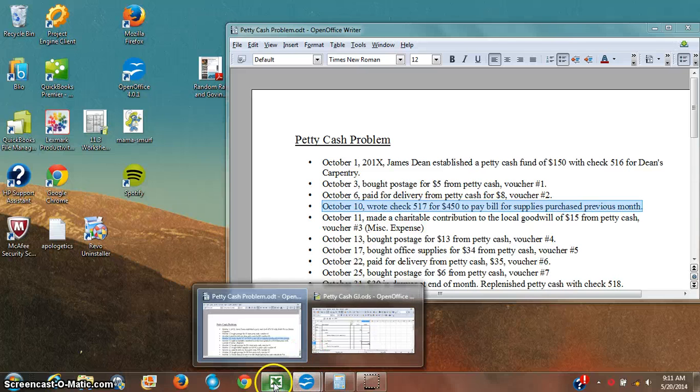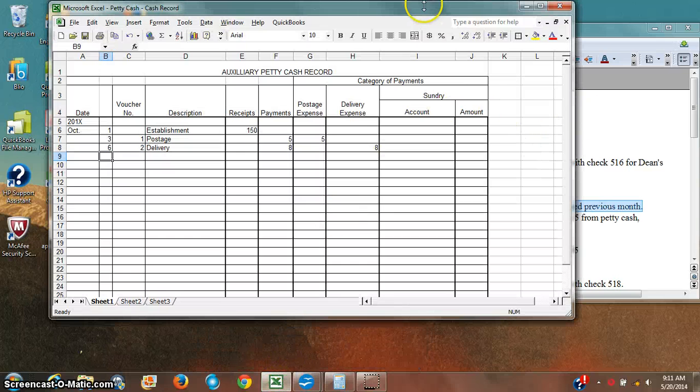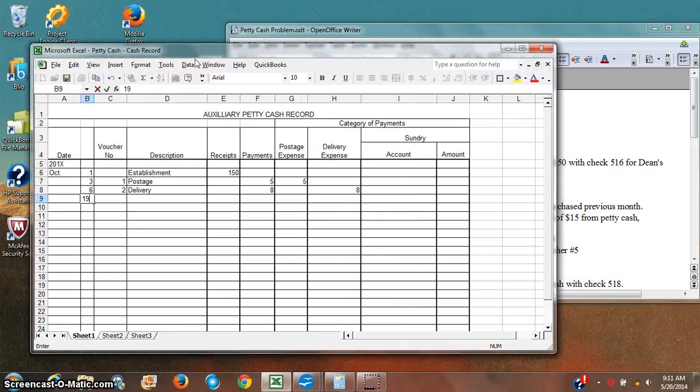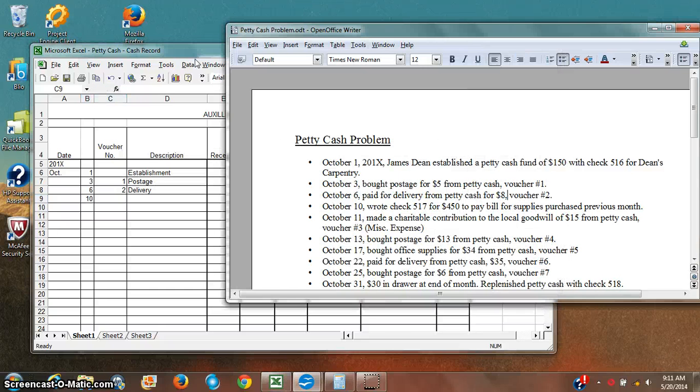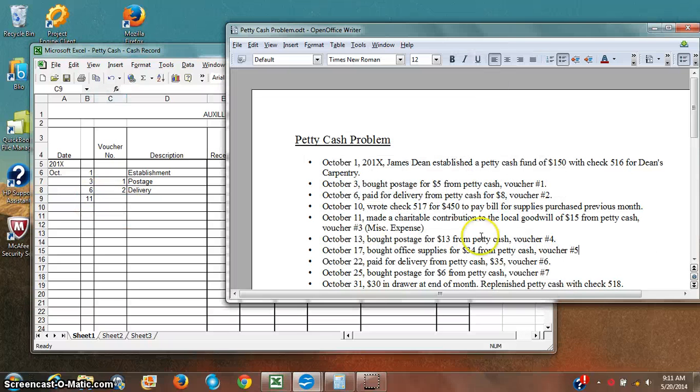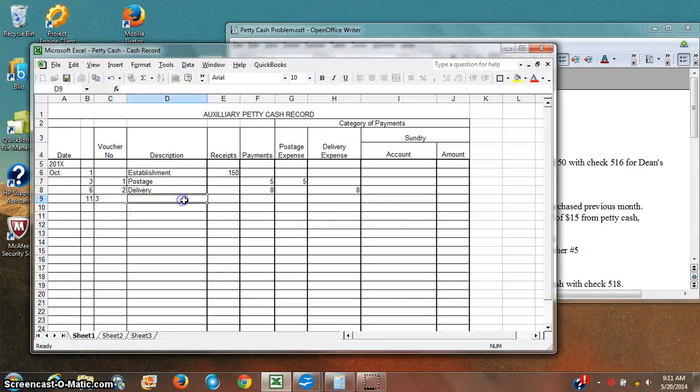Come back to my petty cash record. That was on the 6th. Now I'm going to go to the 10th. No, I'm going to go to the 11th. Made a charitable contribution to the local Goodwill of $15 from petty cash. Voucher number 3.